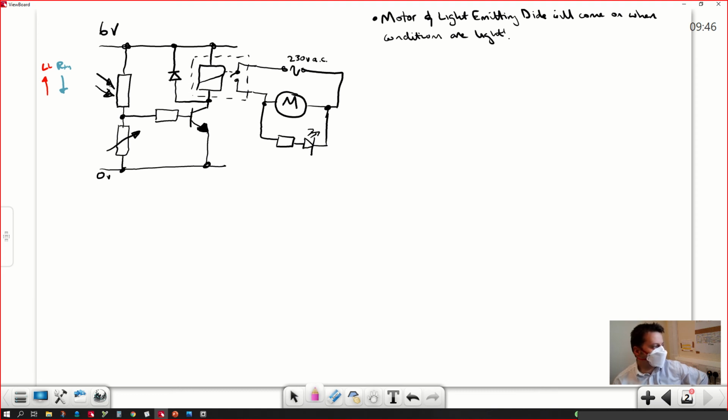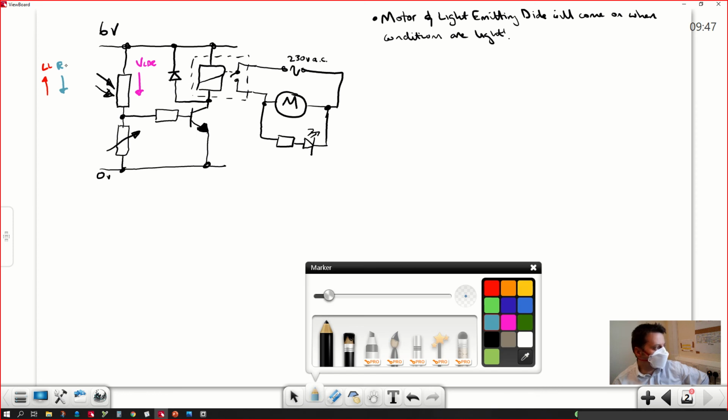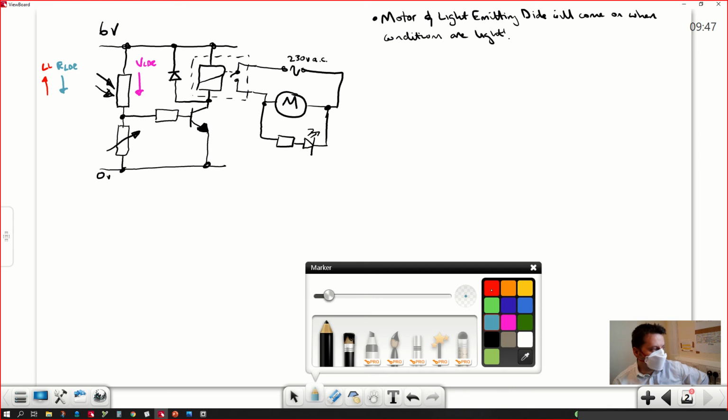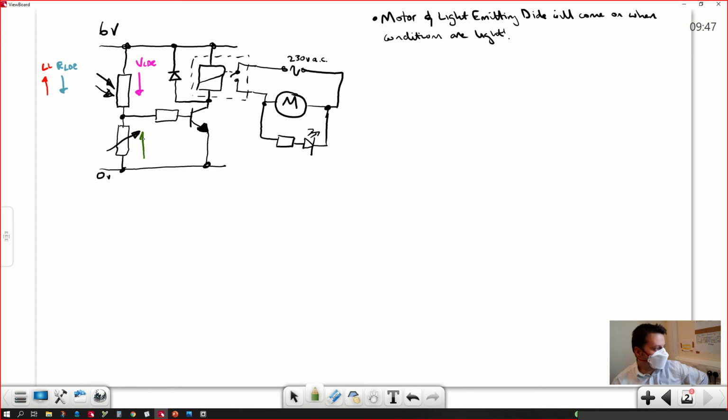As the resistance of the thermistor goes down, the voltage, I've said thermistor, but it's an LDR. Goodness sake, Di-Nardo. What's the matter with you? This is the voltage across the LDR, and that's the resistance of the LDR. So as the voltage of the LDR goes down, the output voltage of the sensor will go up this time because of Kirchhoff's law.